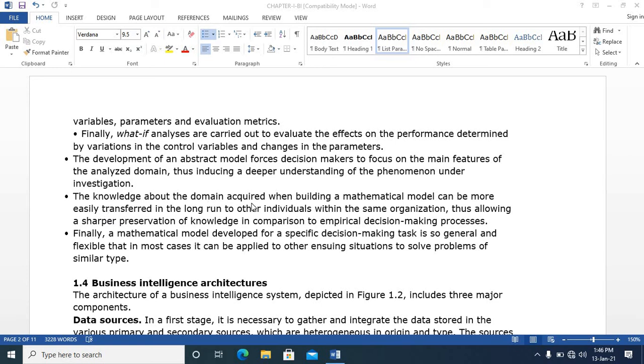The knowledge about the domain acquired when building a mathematical model can be more easily transferred in the long run to the individuals within the same organization, thus allowing a sharper preservation of knowledge in comparison to empirical decision making processes. Finally, a mathematical model developed for specific decision making tasks is so general and flexible that in most cases it can be applied to other ensuing situations to solve problems of a similar type.